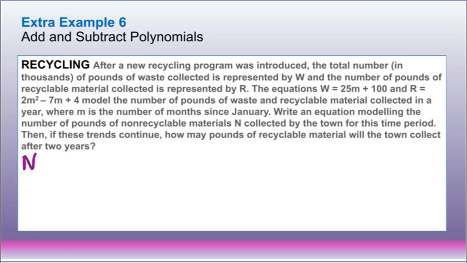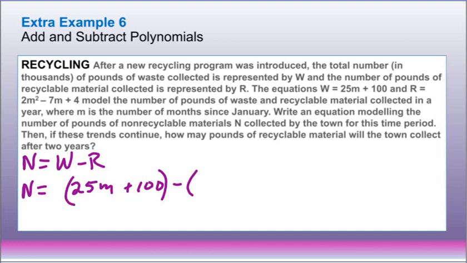So we're going to have N equal to waste minus recyclables. So if I set that up, I'm going to have N equaling our waste, which is 25M plus 100, and I'm going to subtract from that 2M squared minus 7M plus 4.